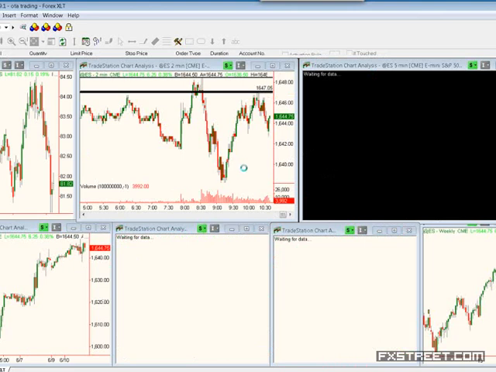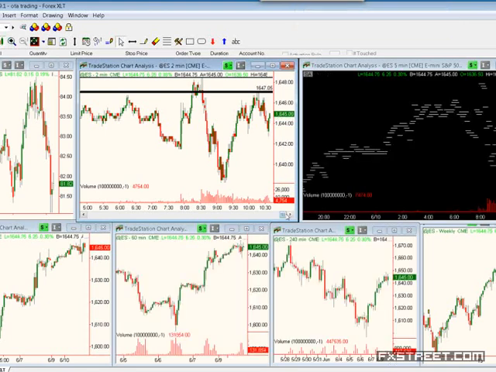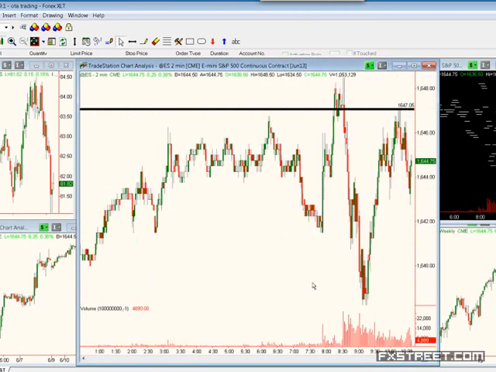All right, so that level looks like it worked again. The drop-base-drop produced a rally-base-drop right here. Let's crunch this up a little.